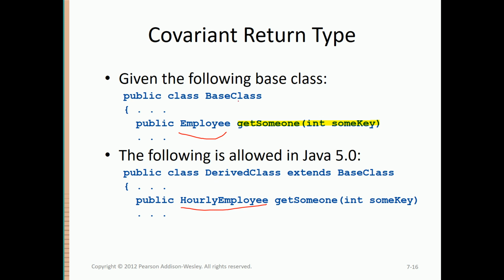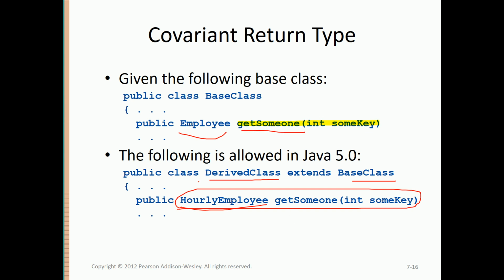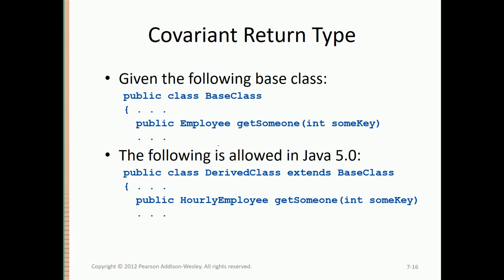If I'm returning a type of a method that I'm overriding, like this one, you see, this is the derived class that extends the base class, which means I inherit this getSomeone. And now I'm inside this derived class, I'm creating another getSomeone with the same signature. Check the signatures, erase all, so I can just compare the signature. Compare this one to this one, it's exactly the same, right? So I'm overriding this getSomeone.